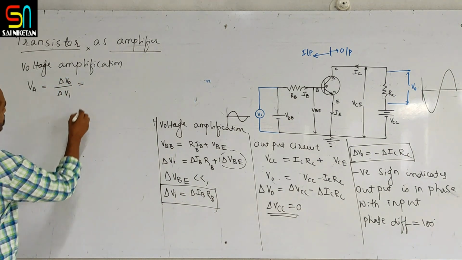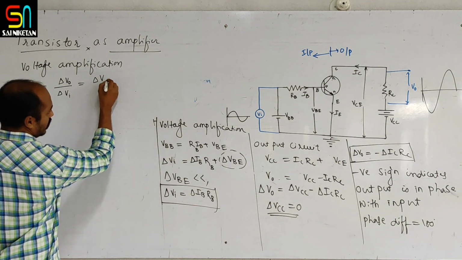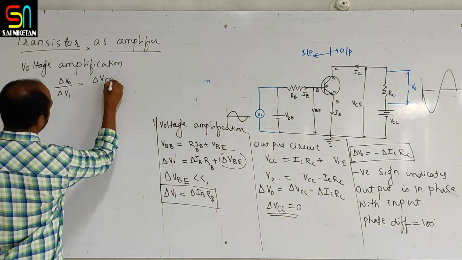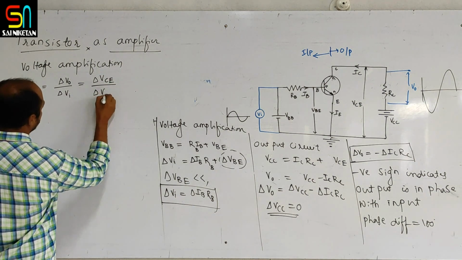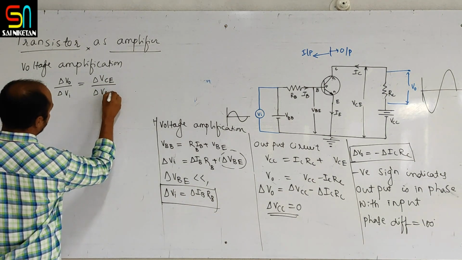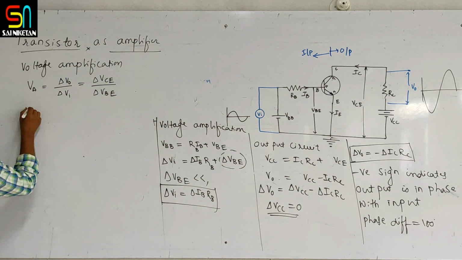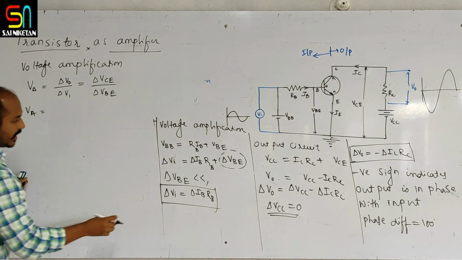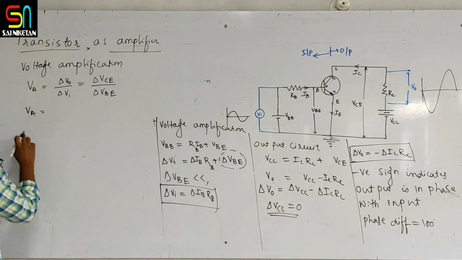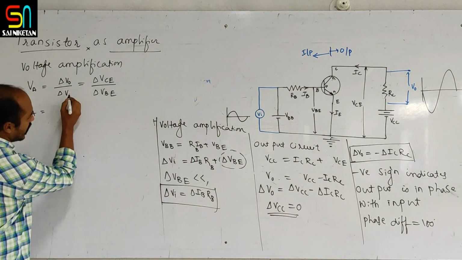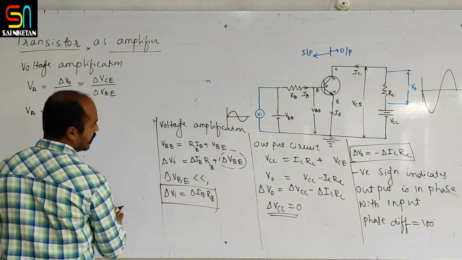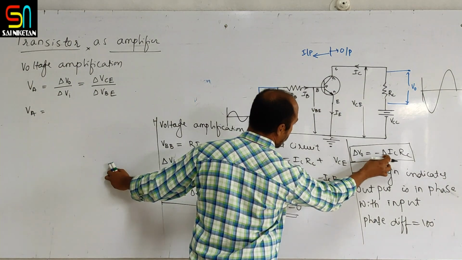So output voltage is nothing but change in collector emitter voltage, divided by change in base emitter voltage. We know that VI is nothing but delta IB RB, and VO is nothing but delta IC RC.